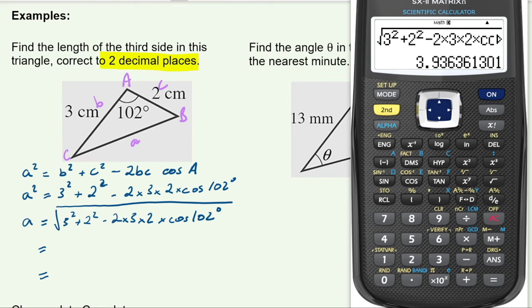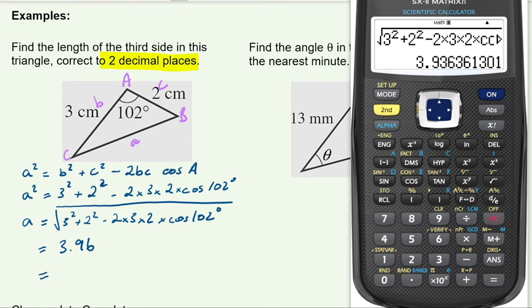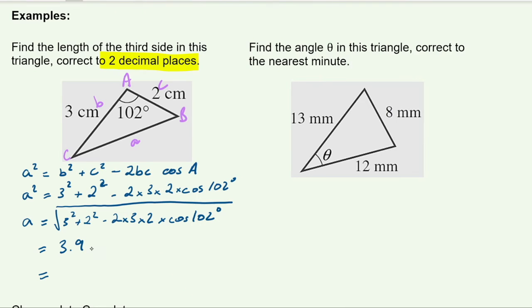Equals, now we're going to write all this out. So we've got 3.93636.